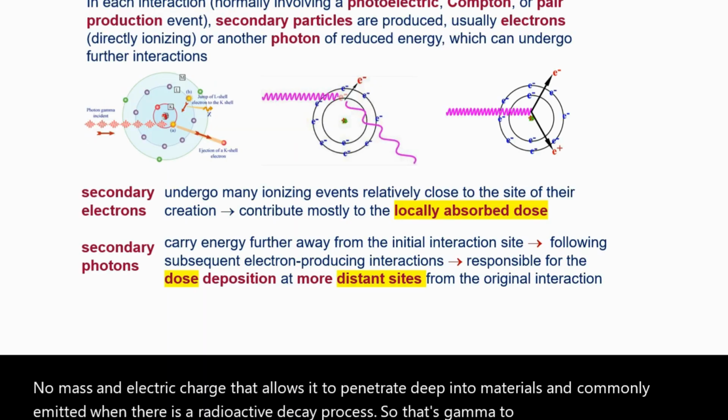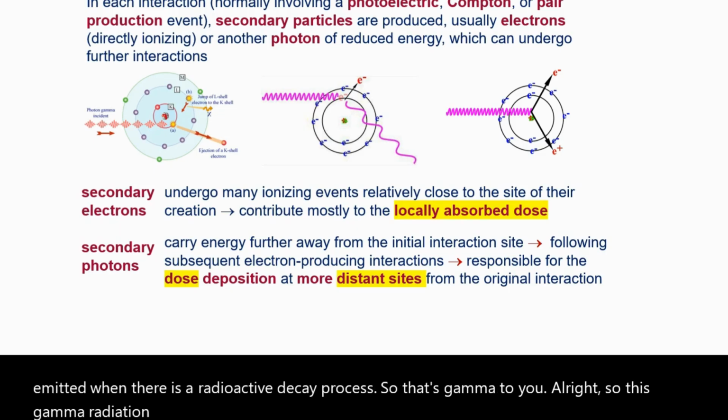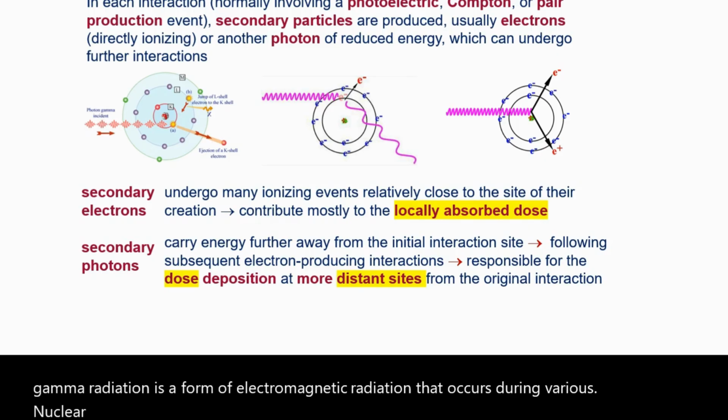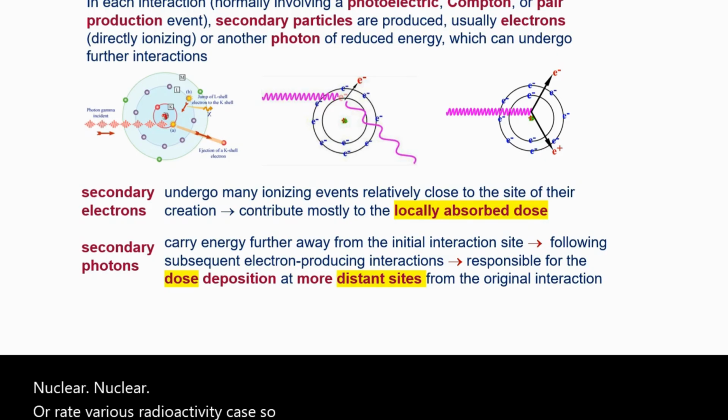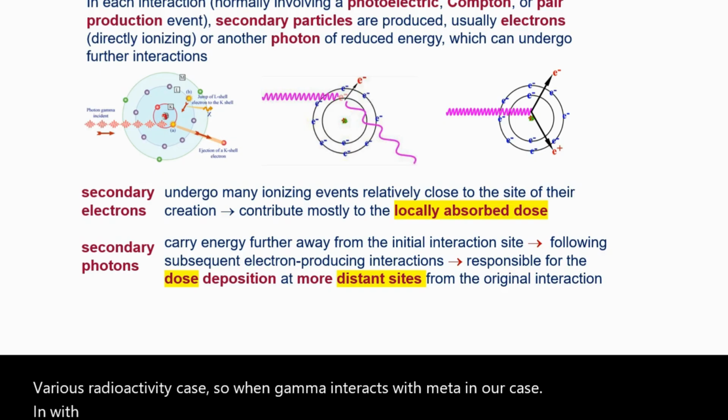All right, so gamma radiation is a form of electromagnetic radiation that occurs during various radioactive decays. When gamma interacts with matter, in our case with your patient, it can undergo several types of interaction.